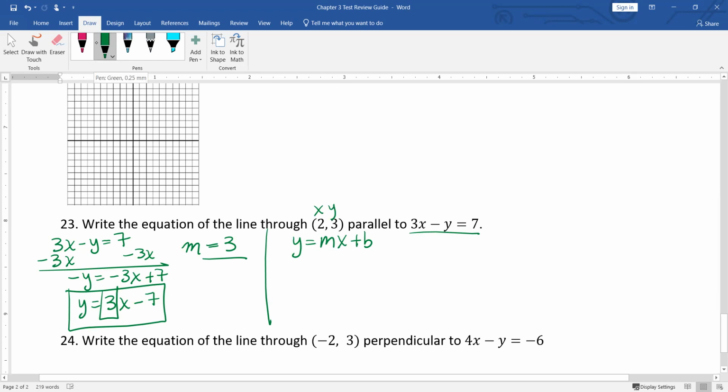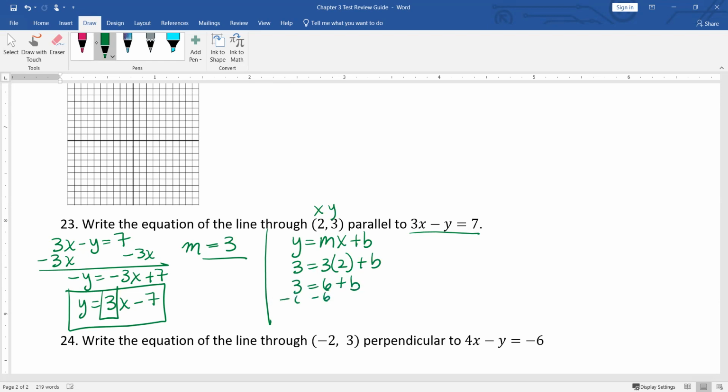I can plug that in plus my slope to calculate my y-intercept. So 3 equals 3, which is my slope, times 2, which is the x-coordinate when the y is 3, plus b. 3 equals 6 plus b. I subtract 6 from both sides, and my y-intercept for this linear equation is negative 3.